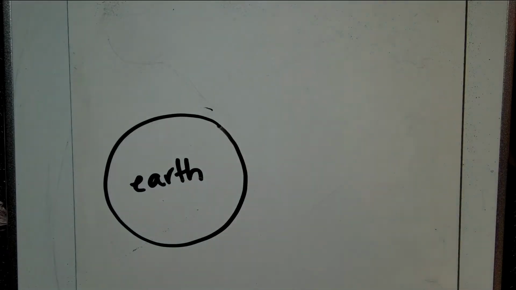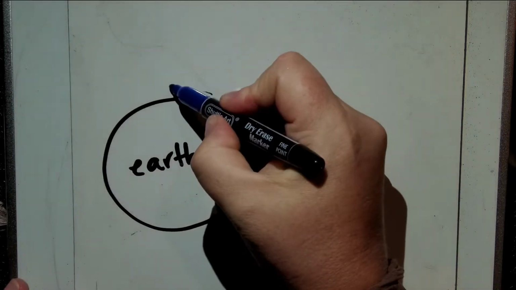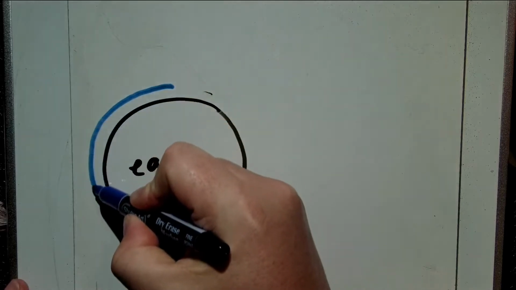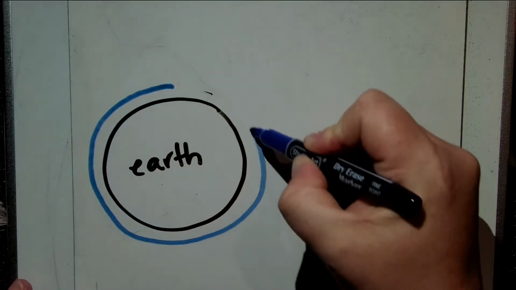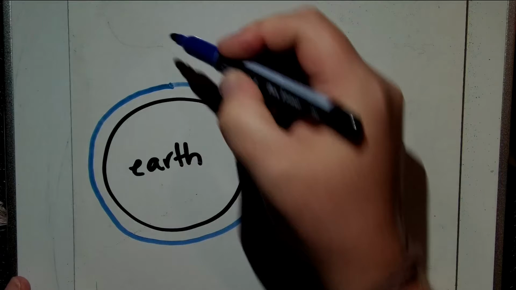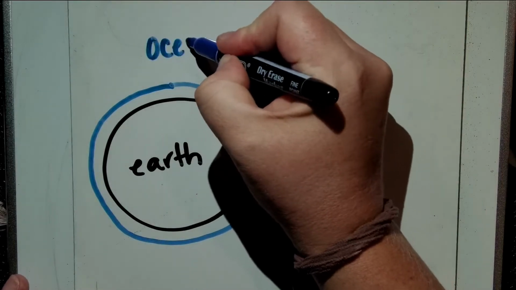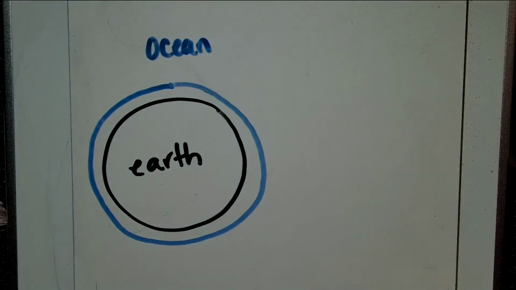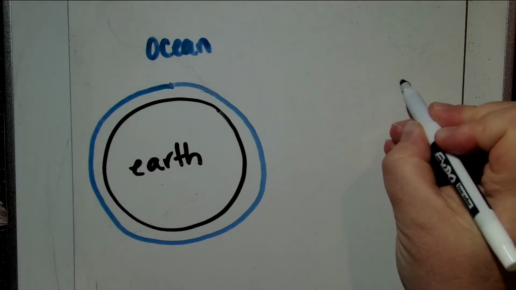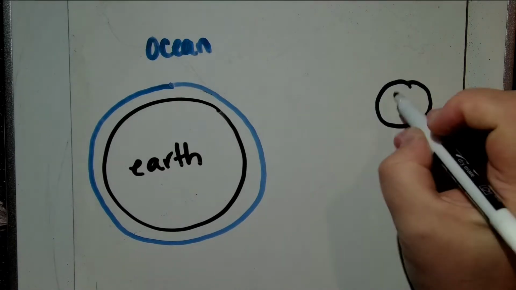And on Earth we have ocean. So let's represent the ocean as a circle of water around the Earth. Okay, so ocean. Let's represent our moon as our small little moon out here.